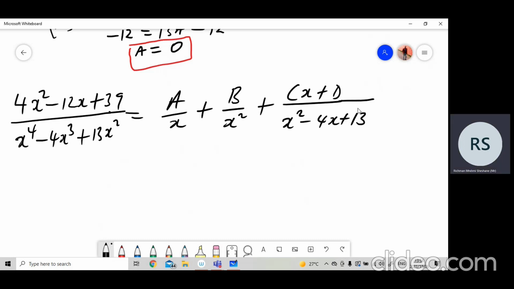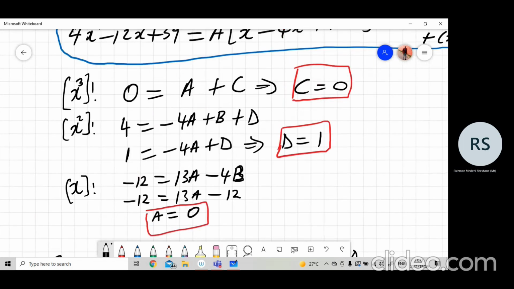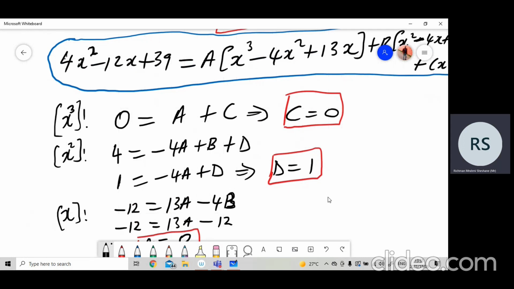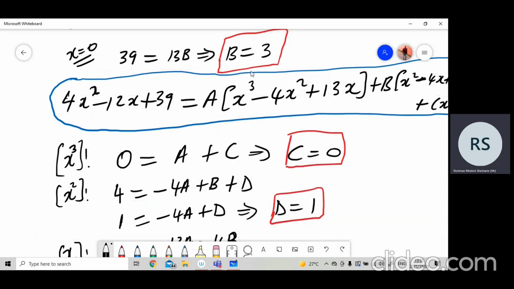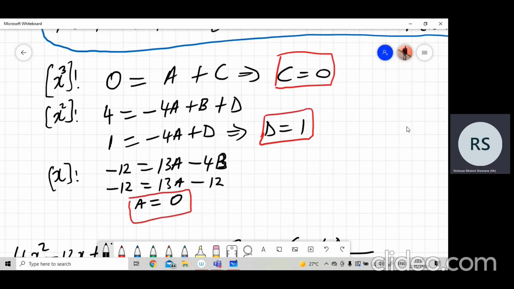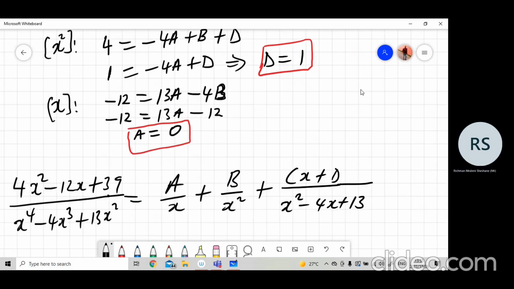We found the values of these constants. As you can see, the value of a is 0, it will make this term 0. And the value of b was 3. So let's substitute the value of b, and the value of a was 0.